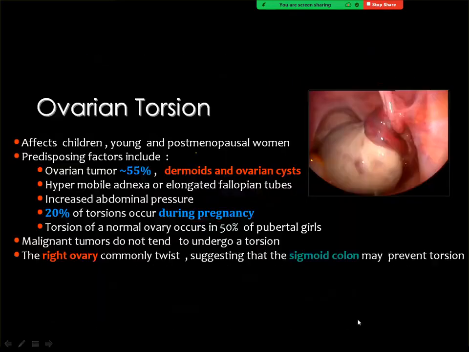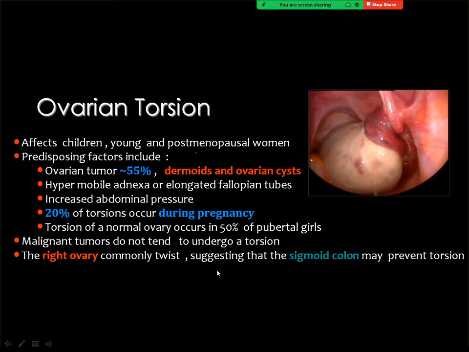Then ovarian torsion usually affects children, young and postmenopausal women. Maybe there is a predisposing factor, which is usually a dermoid cyst or an ovarian cyst. It should be benign, because malignant lesions may prevent the ovary from being torsed.